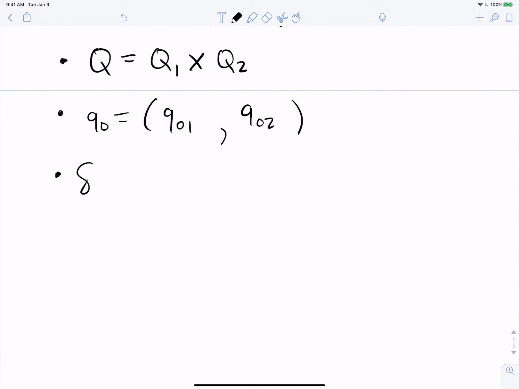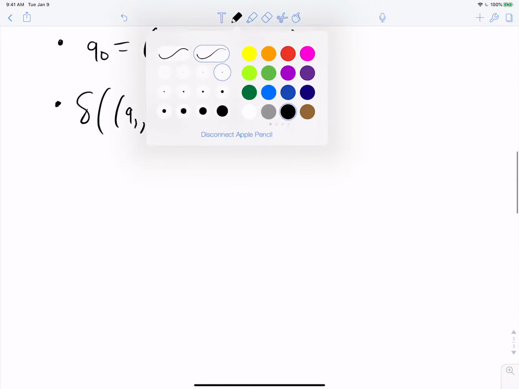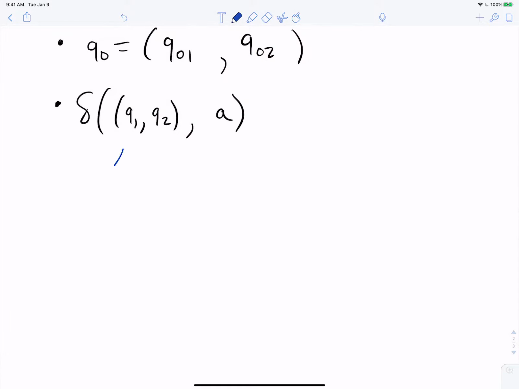So delta of a state, which is an ordered pair, with an input is what we need to determine. So inside here, we've got an ordered pair. I'm going to call it Q1, Q2, with input, let's just call it A. I'm going to put this in blue to remind us.